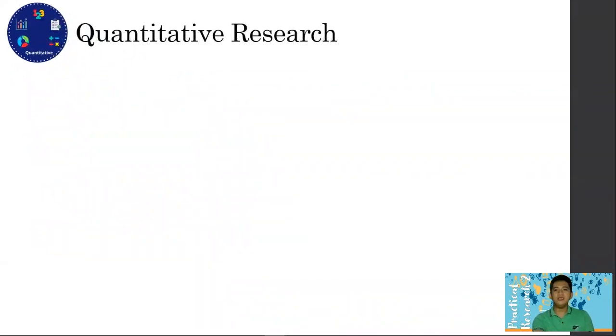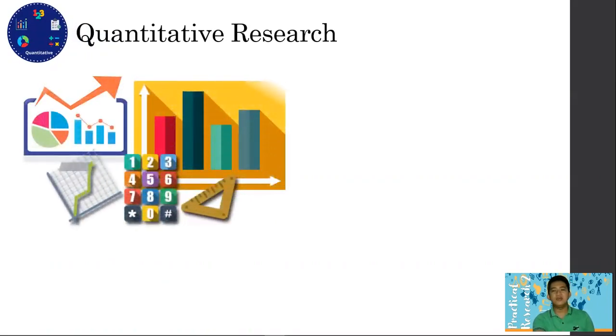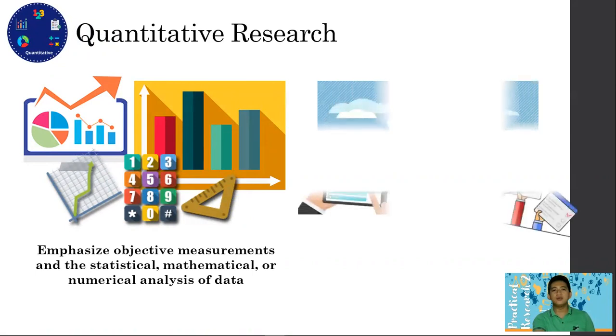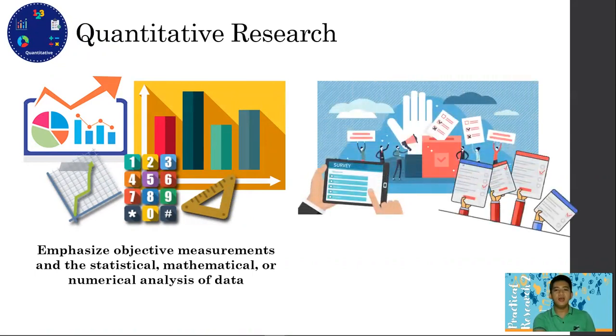What is quantitative research? Quantitative methods emphasize objective measurements and statistical, mathematical, or numerical analysis of data collected through polls, questionnaires, and surveys, or by manipulating pre-existing statistical data using computational techniques.